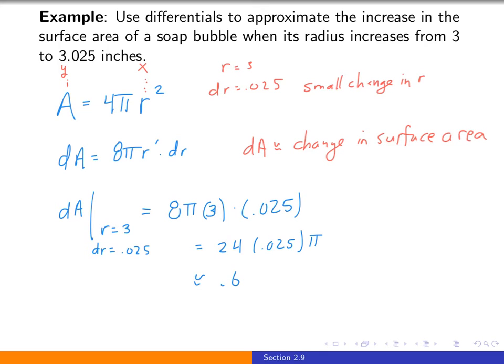Let's just say if we evaluate 24 times 0.025, a quarter of 24 is going to be 6, and then a 0.0 makes it 0.6, times pi, and the units here will be square inches. So this is an ideal example showing us how we can use a differential to estimate a small change. Let's look at one more such example.